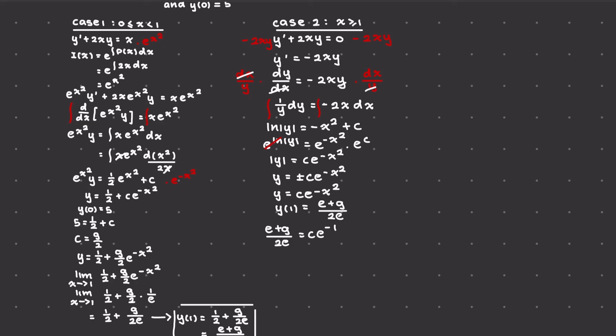And so we know that we need to multiply both sides by e to get rid of the e on the right hand side in order to solve for c. We will get here c equals e plus 9 over 2.